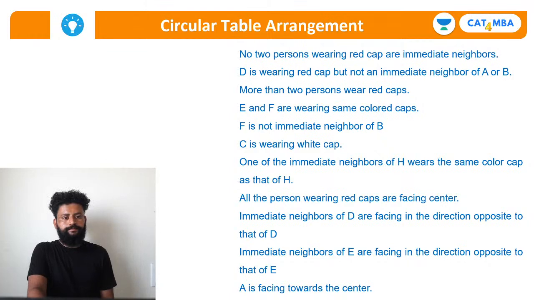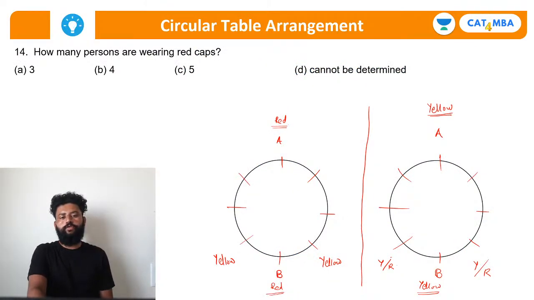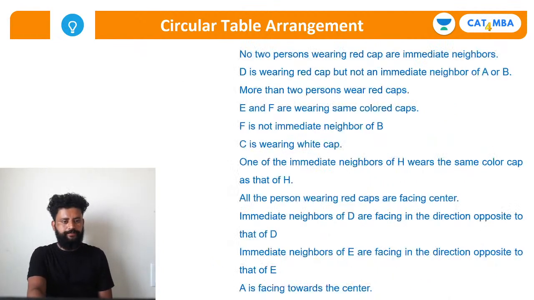Then more than two persons wear red caps. If I take yellow here, then two reds cannot come together above; one of the two must be red. F is not an immediate neighbor of B. E and F are wearing the same cap.